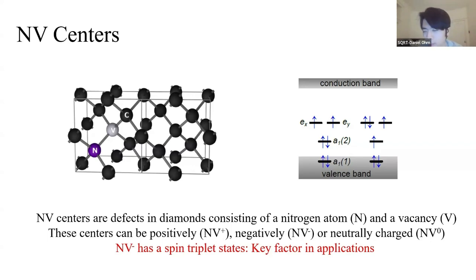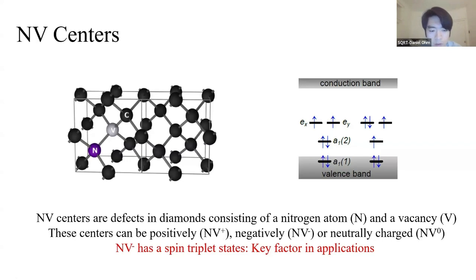Now, if you think about the electronic structure of nitrogen and carbon, you'll soon realize that NV centers have basically three possible different charge states. They can be positively, negatively, or neutrally charged based on how many electrons I take away from the initial state.